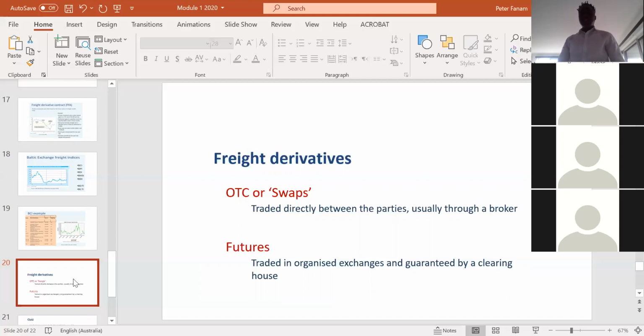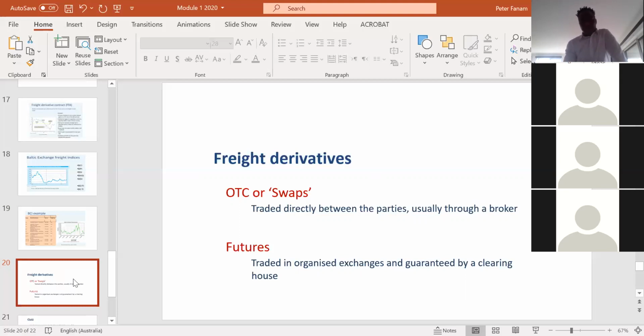The second type of freight derivative is what we call futures. The futures are traded or organized through exchange-guaranteed clearing houses. So there is a clearing house that stands in, and the contract is cleared through the clearing house, which is there to sign these contracts. So under these futures, whoever defaults, the clearing house is there to pay on behalf of that person.